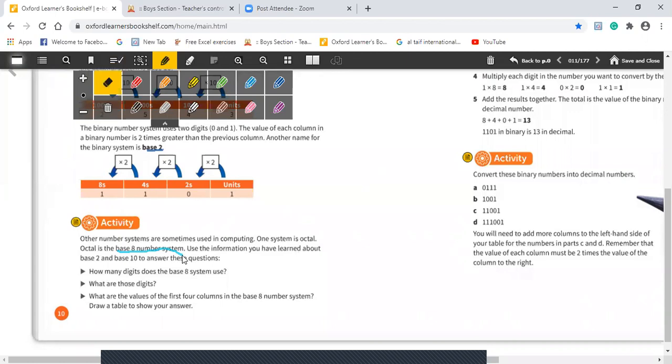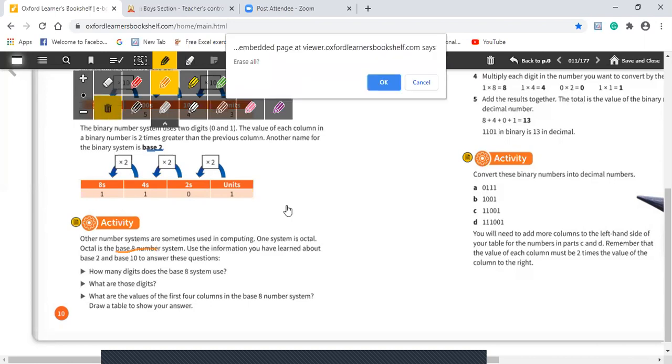So right now we have 3 number systems, which are binary, decimal, and octal. Binary multiplies by 2, decimal multiplies by 10, and octal multiplies by 8.